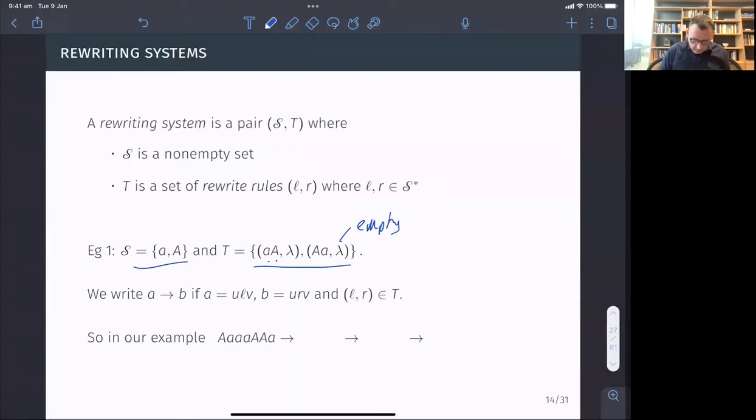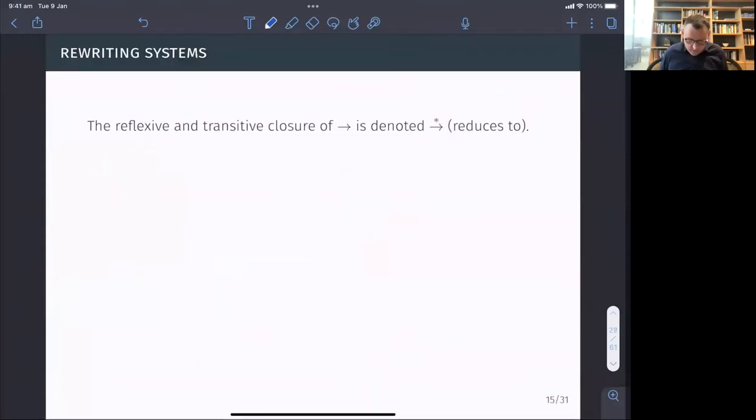We write the arrow if you can replace this L by the R like that. So in this example, I can replace that by empty, so I'd get A. Then I can replace those two. Then I can replace that. So that's how the rewriting system works.